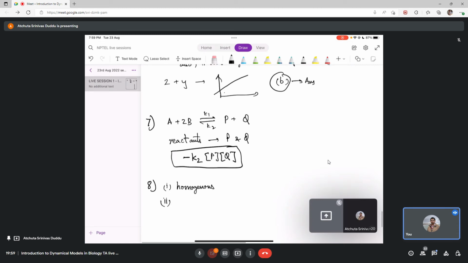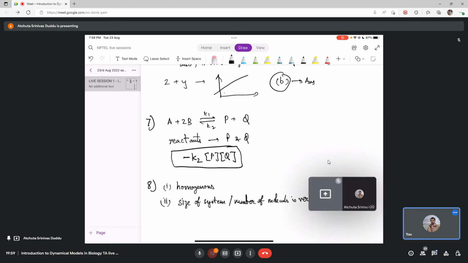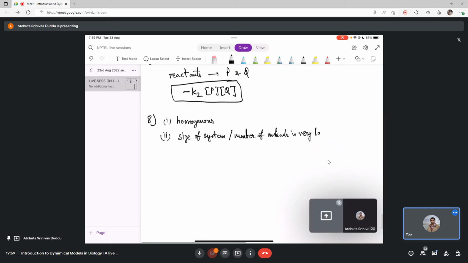The second assumption is that the size of the system is very large, or to say, the number of molecules or proteins is very large. Why do we have this assumption?